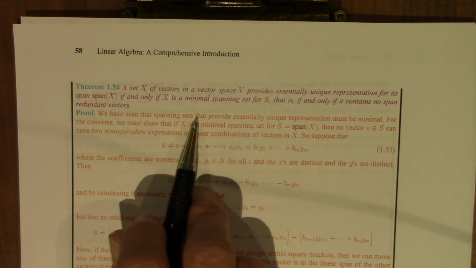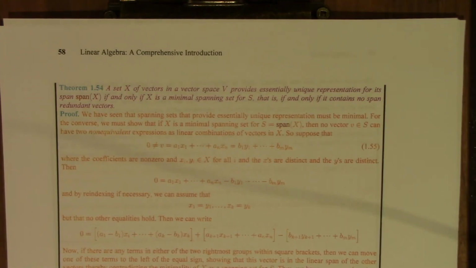Now we've seen that spanning sets that do provide essentially unique representation must be minimal. We just did that. So it's the converse we need to discuss now.